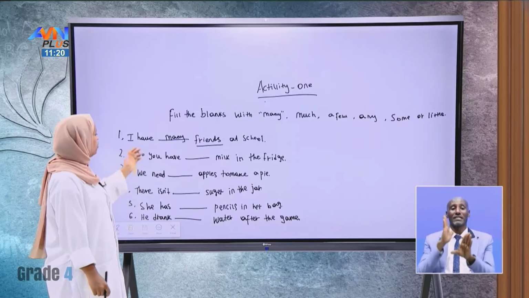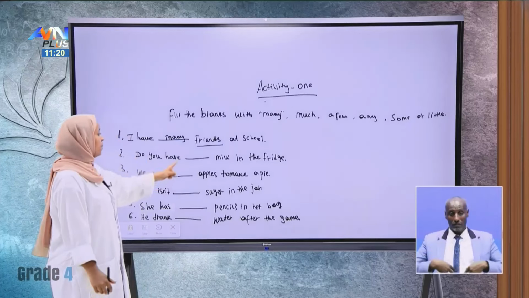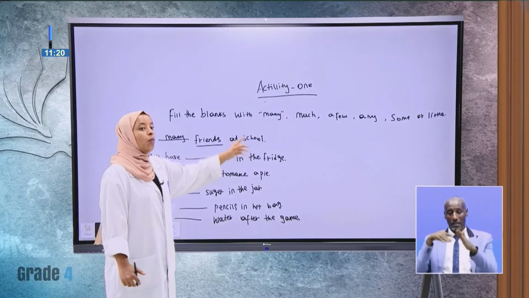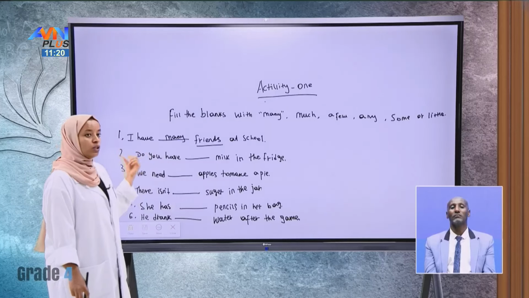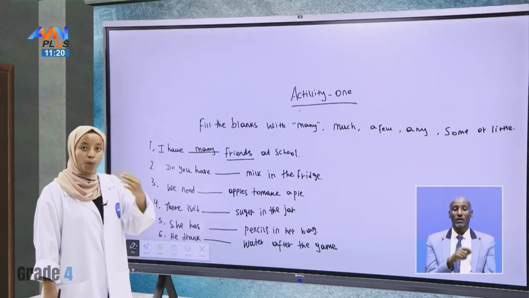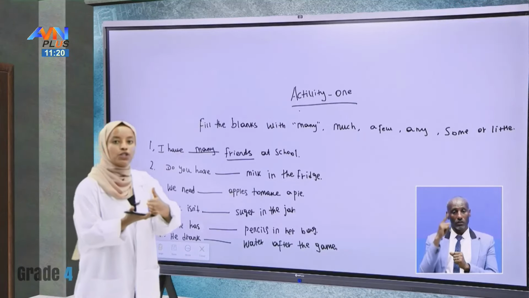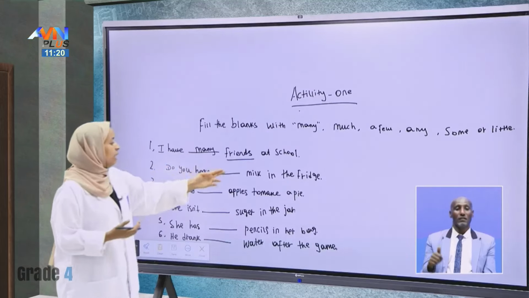Question number 2. Do you have blank milk in the fridge? When we come to this question, before, when we learned and in the note, what I was telling you is, when we say any, we can use it for asking questions. So, do you have blank milk in the fridge?